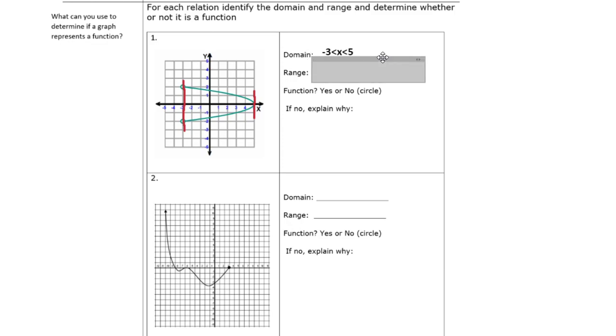When dealing with domain range, we follow the same logic. I'll use a different color this time as I draw. The highest point that our graph goes has a y value of 2. And the lowest point that it goes is a -2.